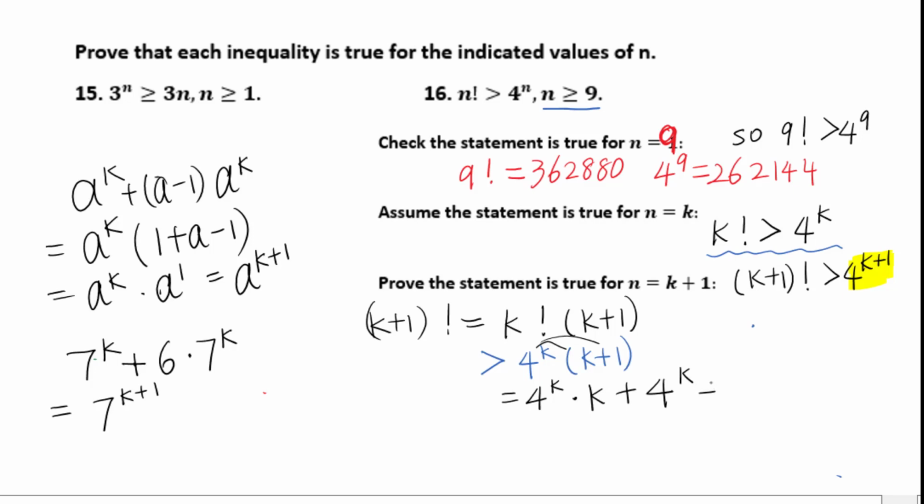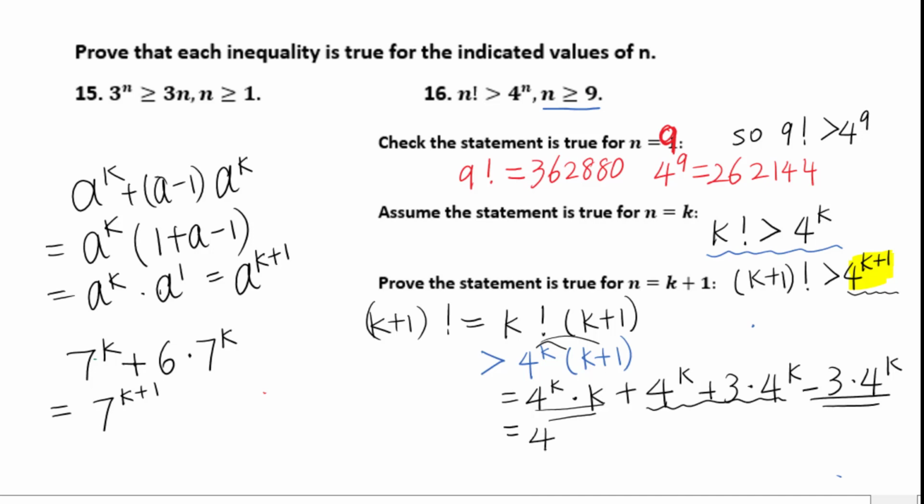I will add 3 times 4 to the k's power so that I can create this 4 to the k plus 1's power. Then you need to subtract 3 times 4 to the k's power. Then I will put these two together. Then these two together.